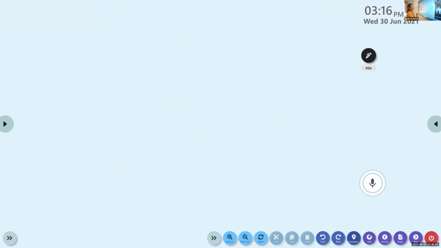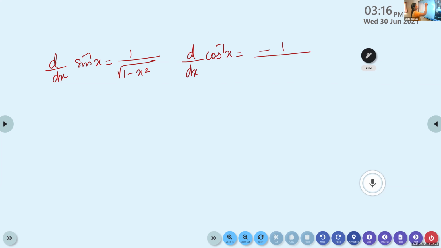So write this. Combining all the 6 formulas. What is the derivative of sine inverse of x? 1 by root of 1 minus x square. What is the derivative of cos inverse of x? It is minus 1 by root of 1 minus x square.